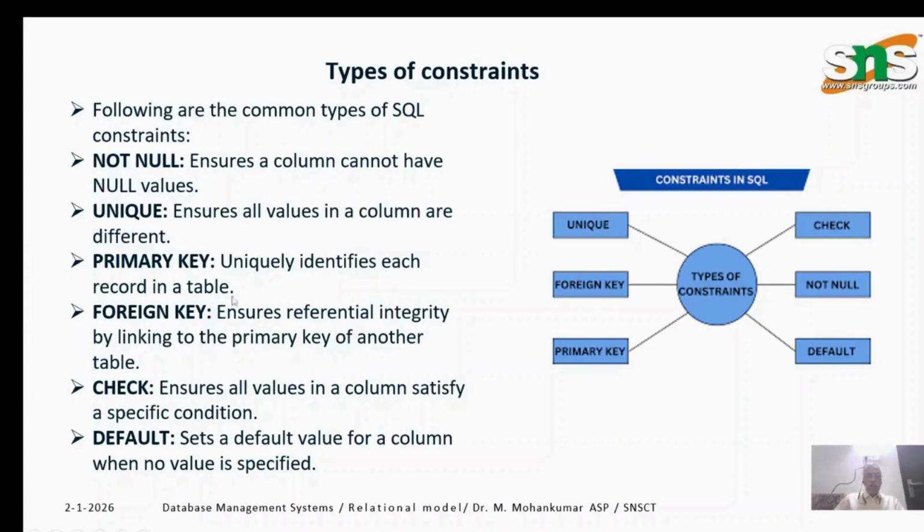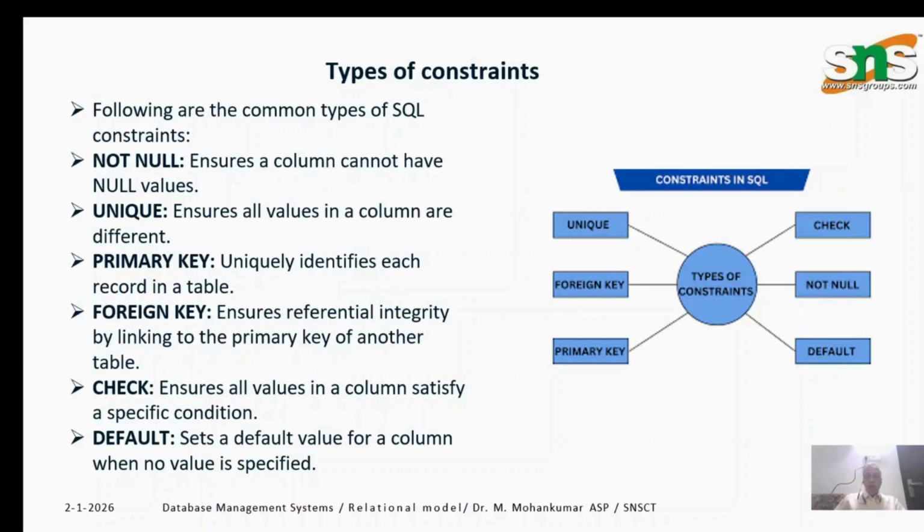Another one is the primary key, which uniquely identifies each record in a table. With the help of the primary key, we are going to connect with another table, so the primary key plays a vital role. For example, we have two different tables: one is student application, and another one is course details.